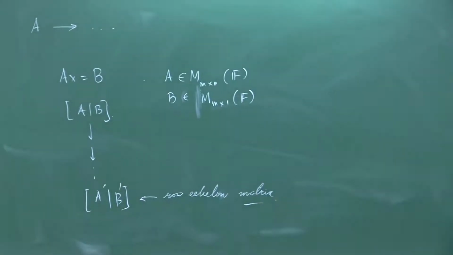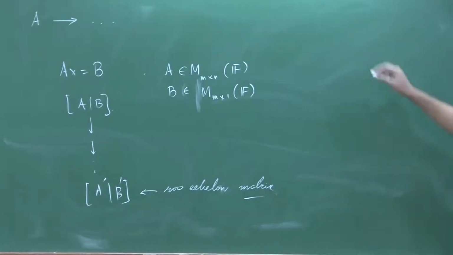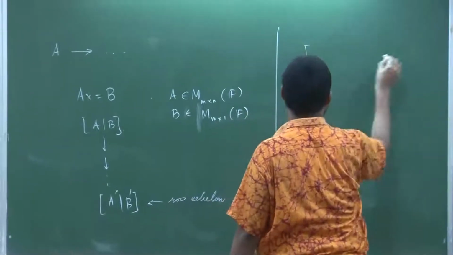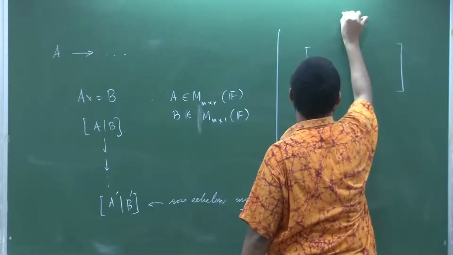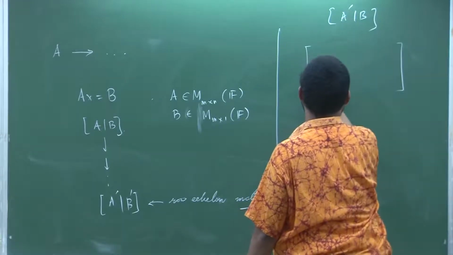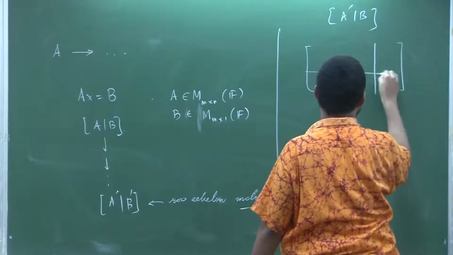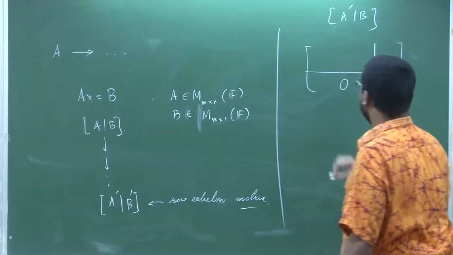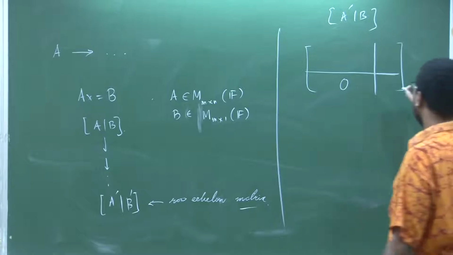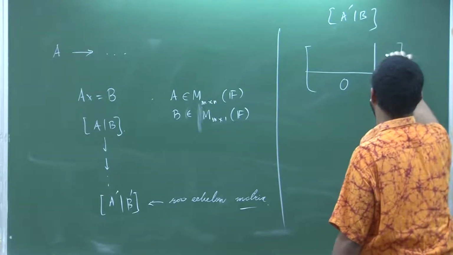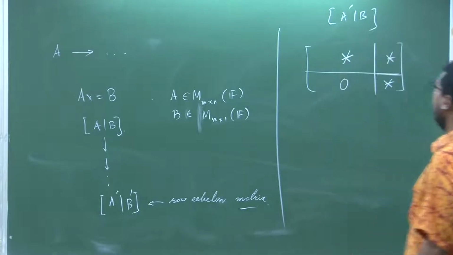So, how? For that, let us make some observations. Suppose this is our system after reduction, suppose this looks like this. In the row echelon matrix there could be some rows which are entirely 0. Now, there might be 3 other blocks.